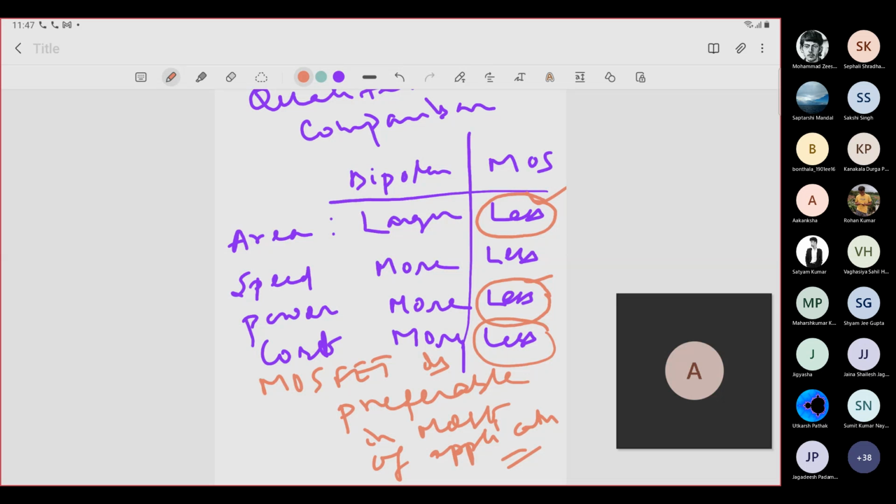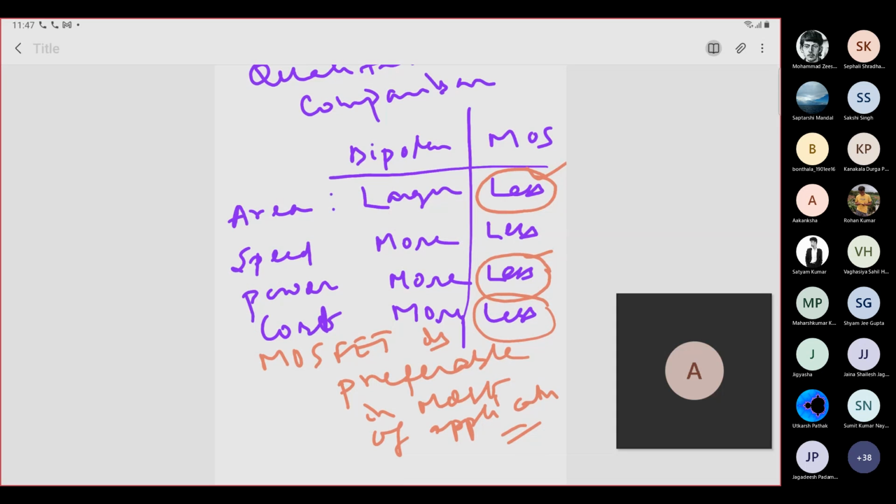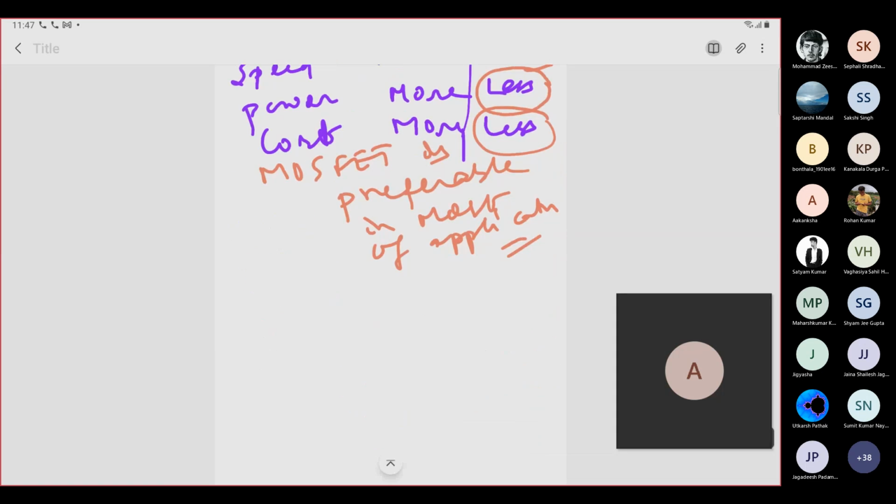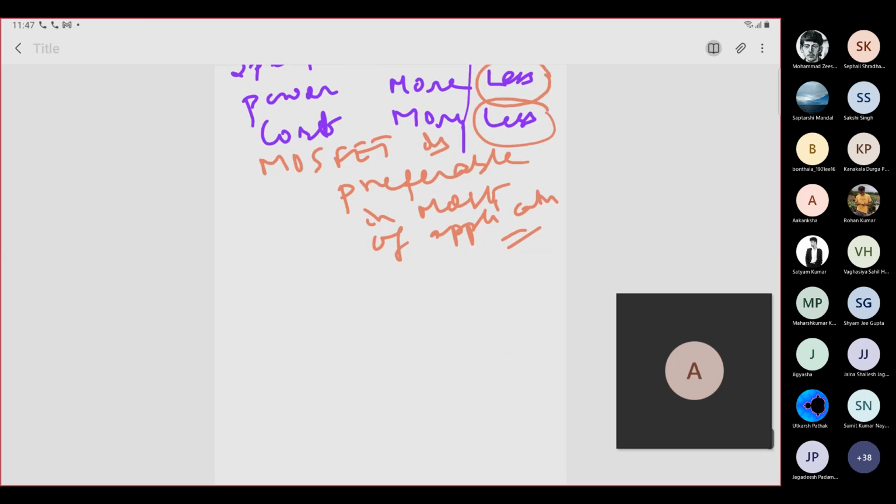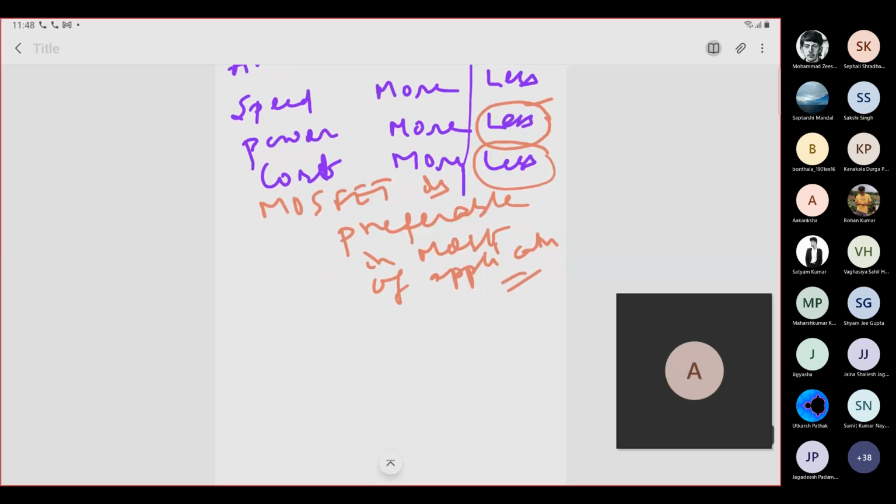Now, before going to the next step, there are two ways you can move. One is that you go to the next step of the full custom design, or you can go with the characteristics of the CMOS inverter or CMOS circuit.